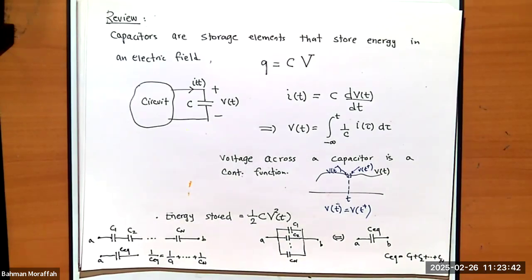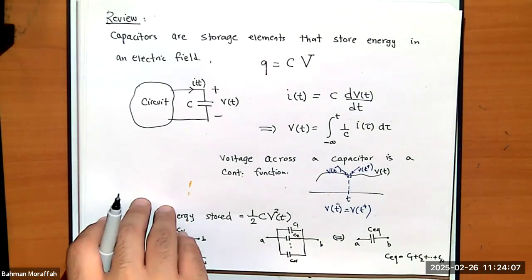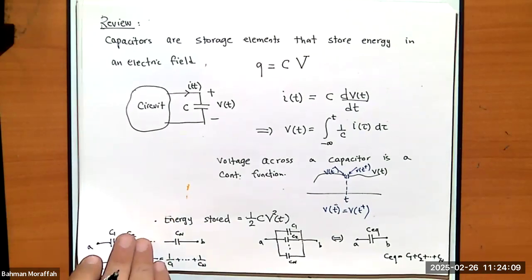And we did an example as to how we can compute these things. But before moving on to inductors, let's talk about capacitors and how they work in a circuit intuitively. We're going to get to the equations on how they work mathematically, but let's just think about it for a second in terms of intuition.